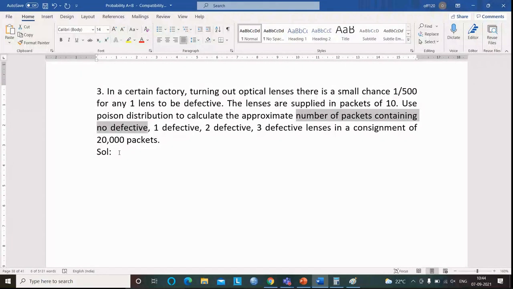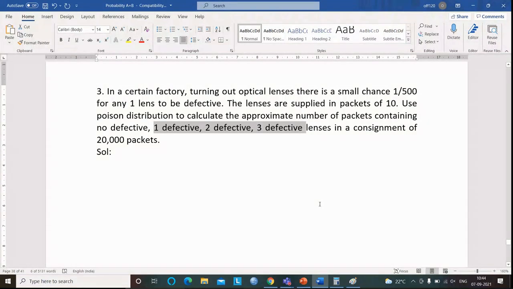Similarly, I find the probability of getting one defective lens and multiply it by 20,000, and I get the number of packets containing one defective lens. Similarly for two defective and three defective lenses also.